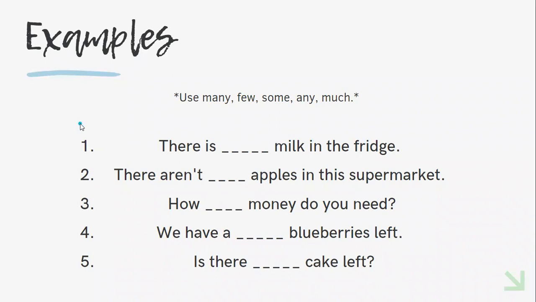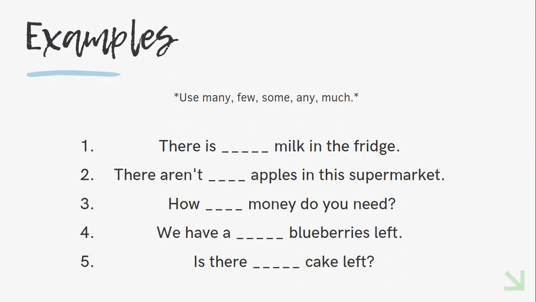So we're going to see some examples, and we're going to use in this case many, few, some, any, and much, okay? So number one, there is some milk in the fridge. Hay algo de leche en el refrigerador. There aren't any apples in the supermarket.